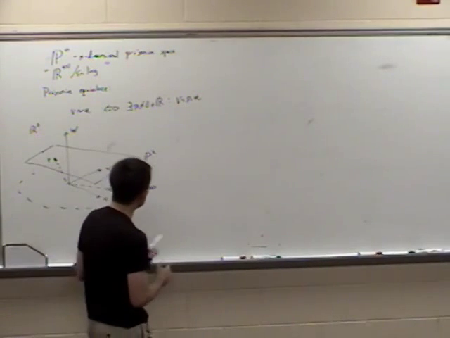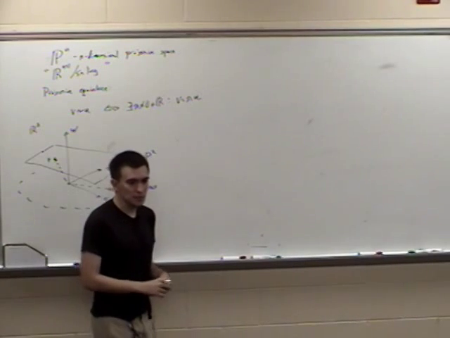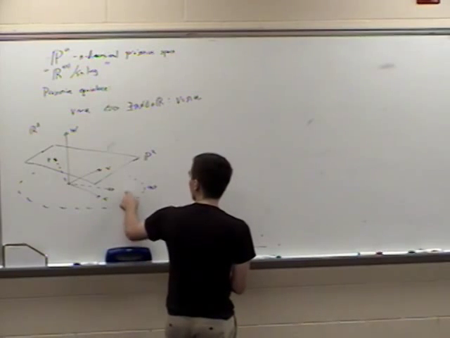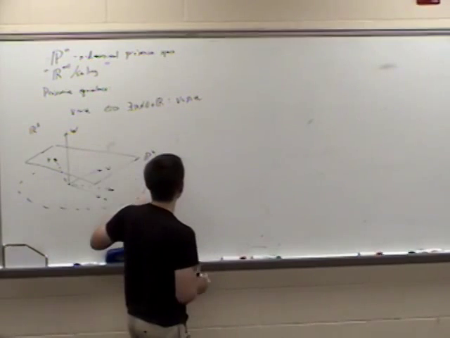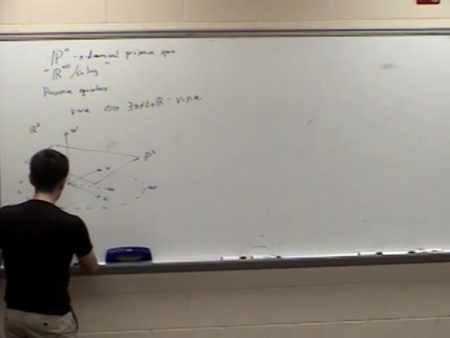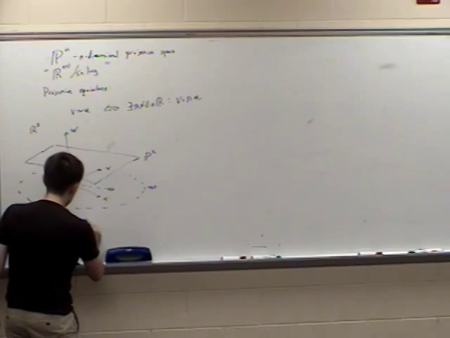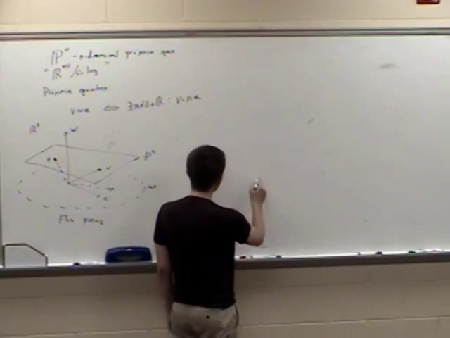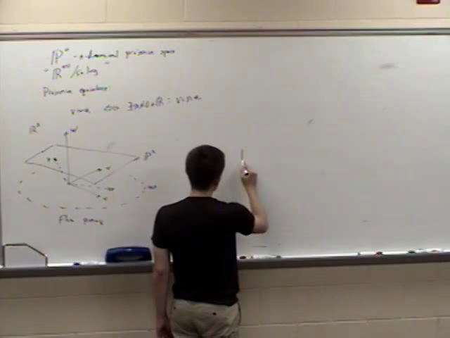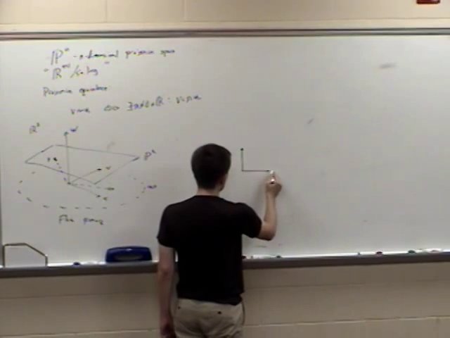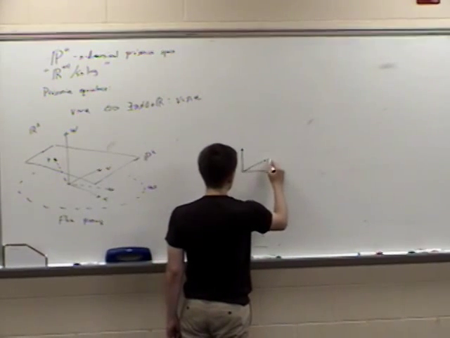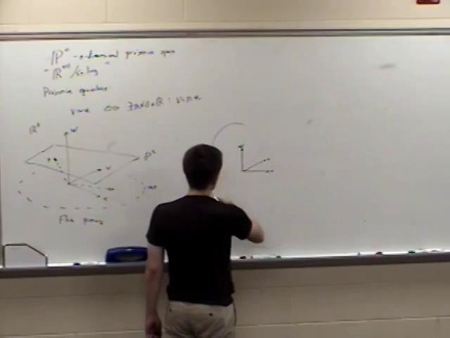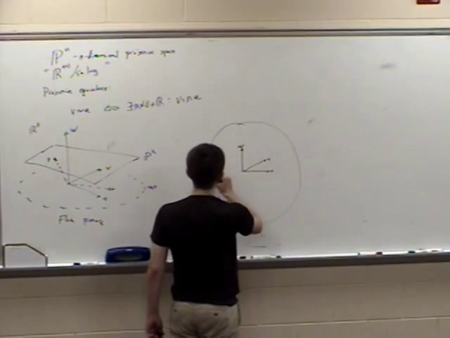Now, there are other pictures that we can draw of projective geometry, which may be more mathematically illuminating. So this is sort of the flat model, right? So this is kind of a flat picture. There's another point of view, though, which is we can imagine that we start again with a 3D coordinate system. And then what we're going to do is draw a big sphere.